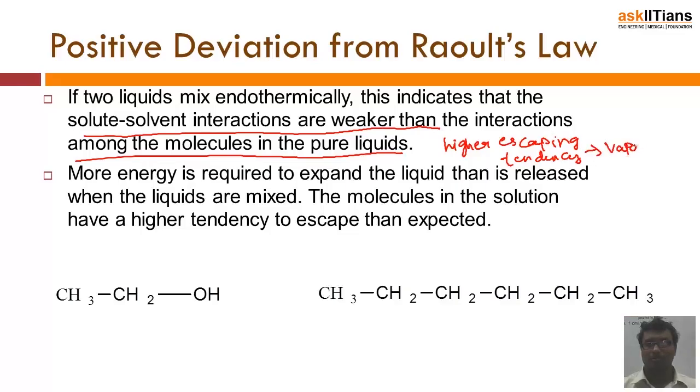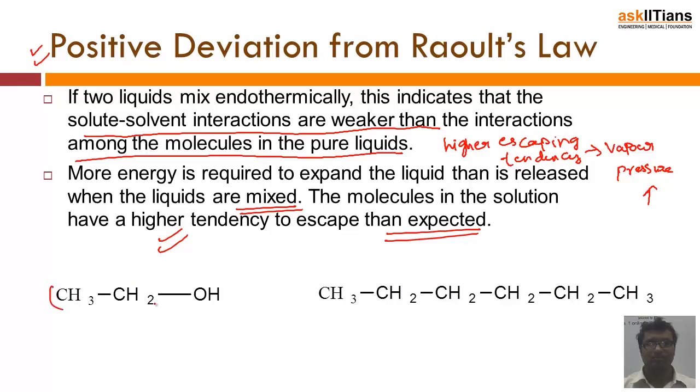So vapor pressure will be higher. Such solutions are said to have a positive deviation from Raoult's law. For such solutions, more energy is required to expand the liquid than is released when liquids are mixed. This is apparent. So the molecules in the solutions have higher tendency to escape than is expected.